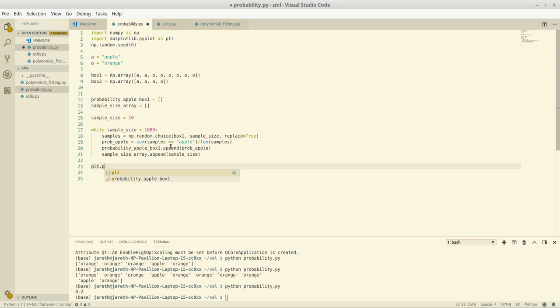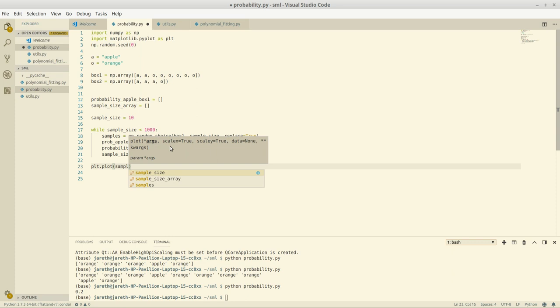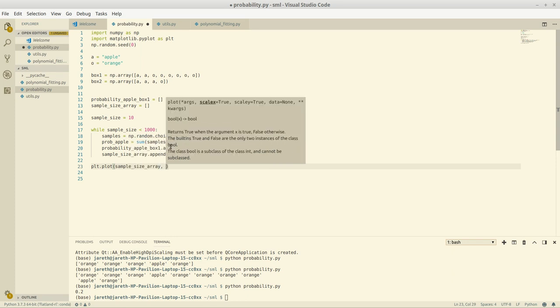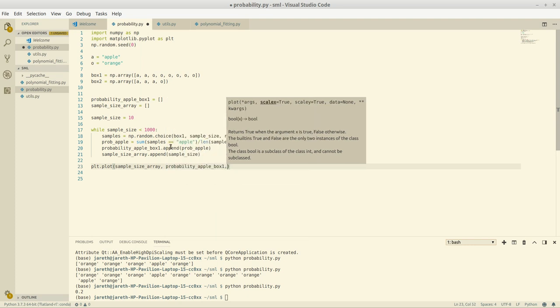So plt.plot. The first thing we'll plot is the sample size array versus the sample probability of actually choosing this box.